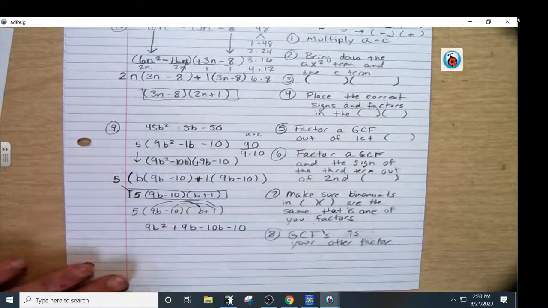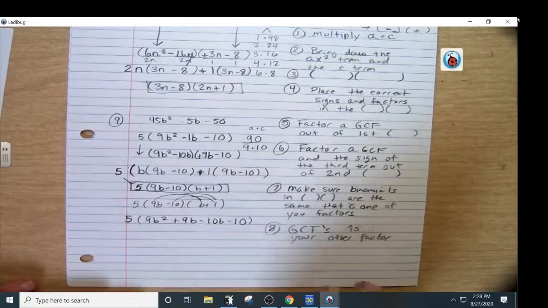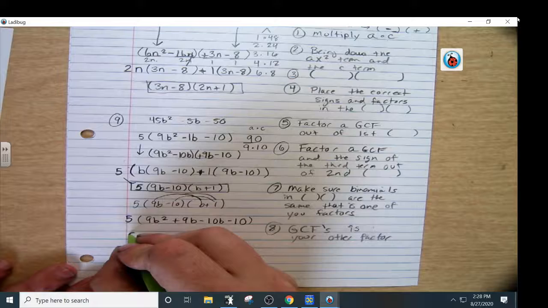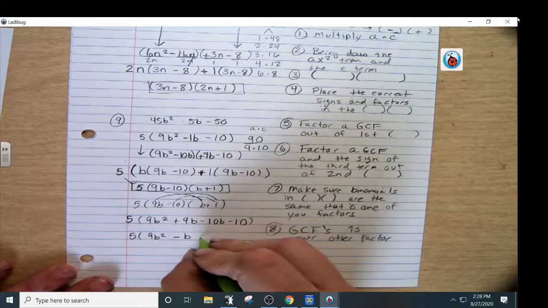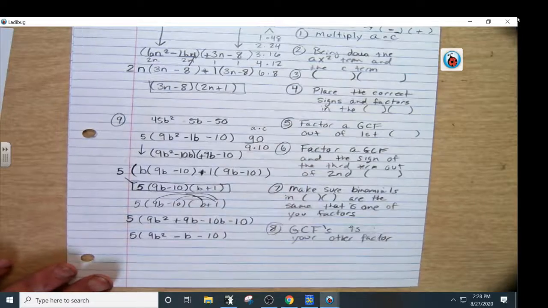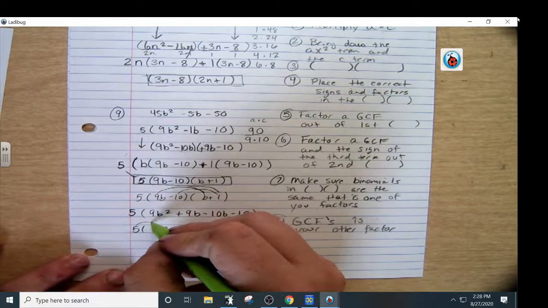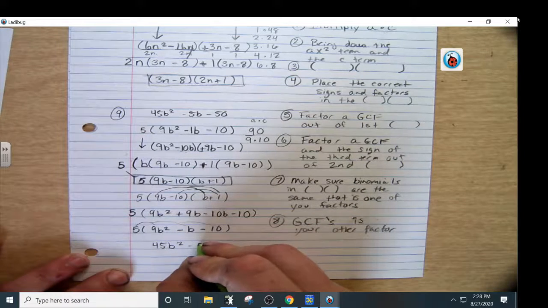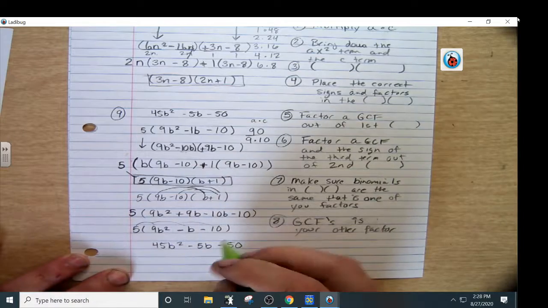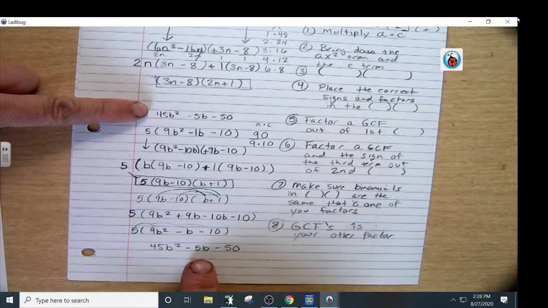Well, I have like terms here, so that's going to be 9b squared, negative 10 plus 9 is negative 1b, right? Then last but not least, I'm going to distribute that back in. Guys, notice this and this are the same, so you know it's right. Okay?